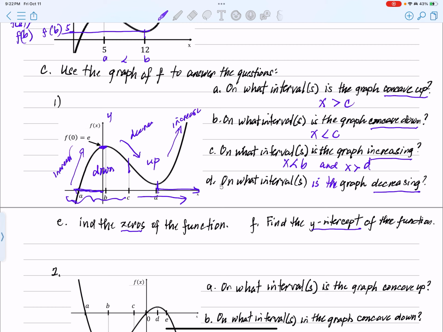On what intervals is the graph decreasing? Only from here to here. It's decreasing. So what is the interval? From b to d, right? From b, where is b? Right here, to d. It decreases. So the interval would be from b to d.